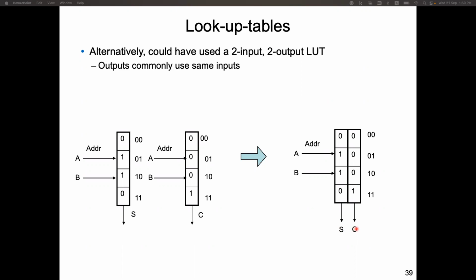The idea is the same as before, but here we remove 1 address decoder. A decoder is hardware, so by combining them together, we can reduce the hardware.